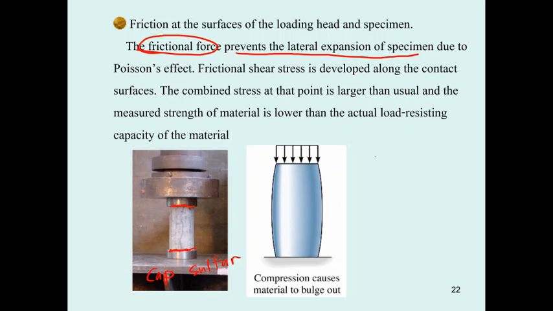The specimen, when it's subjected to compression, will bulge out like this. And what happens is that on this portion there is friction. It prevents the movement of this end, and it's going to produce stress, and this stress combined with the compressive stress builds a combined stress.